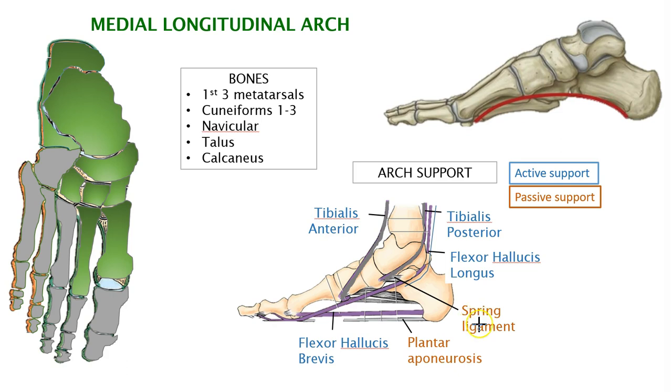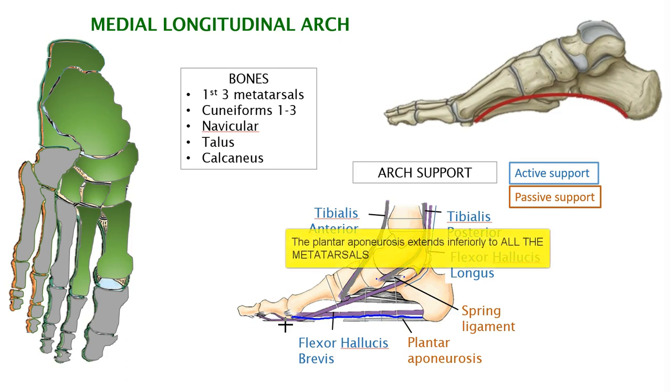Here we see two of them. The spring ligament, again, goes from the sustentaculum tali to the navicular bone. And then the plantar aponeurosis, which is extending down off of the calcaneus all the way over to the first metatarsal.